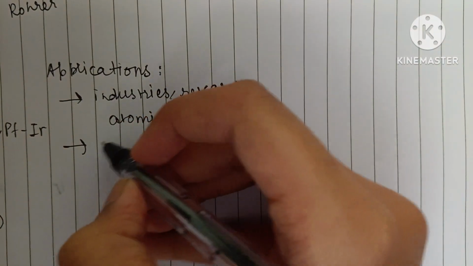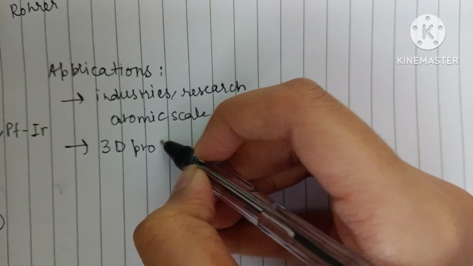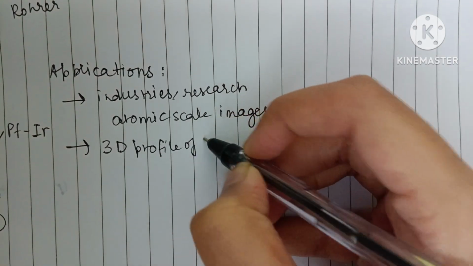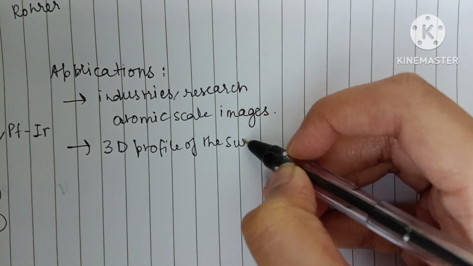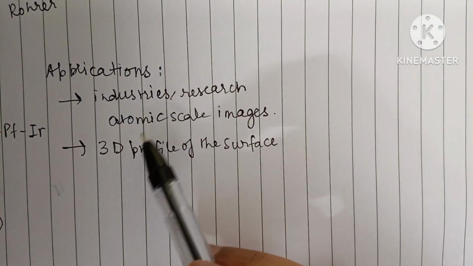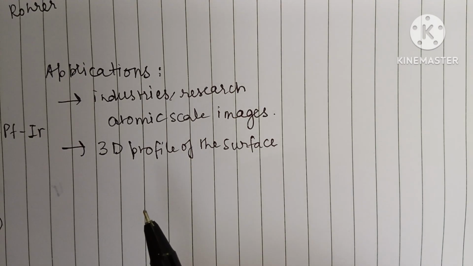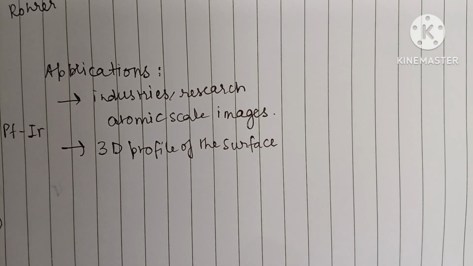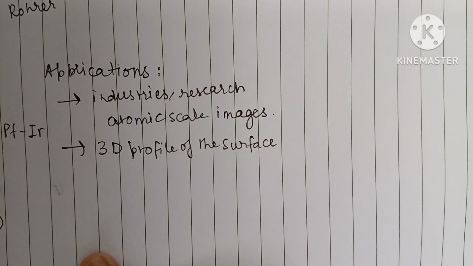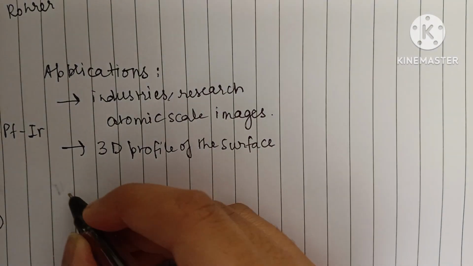And it is also used to provide a 3D profile of the surface, and doing this is useful in characterizing the surface roughness and observing surface defects. We can also study the surface and structure of organic molecules.